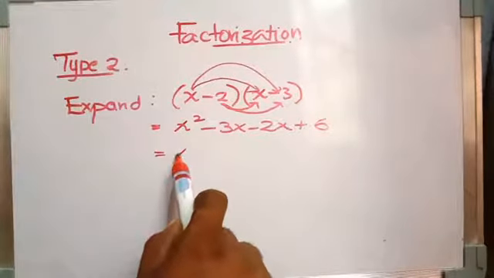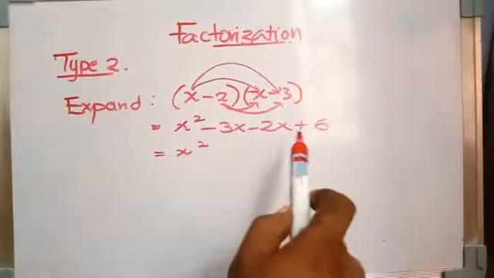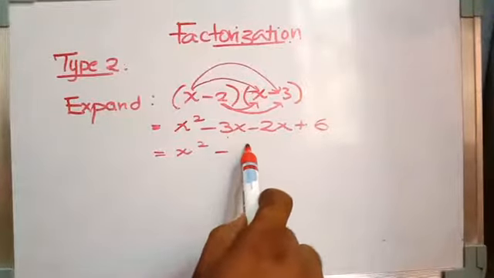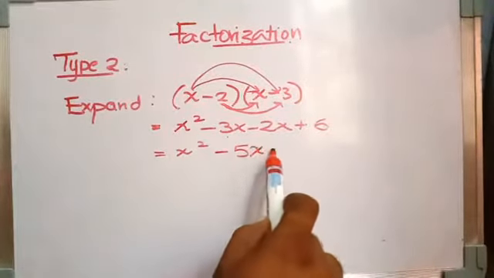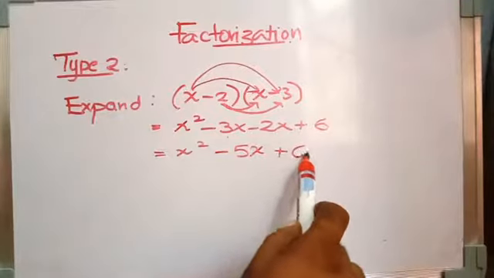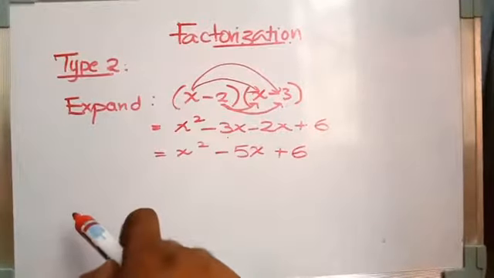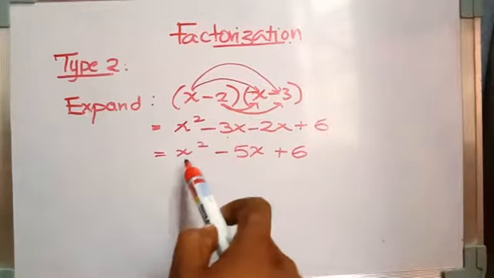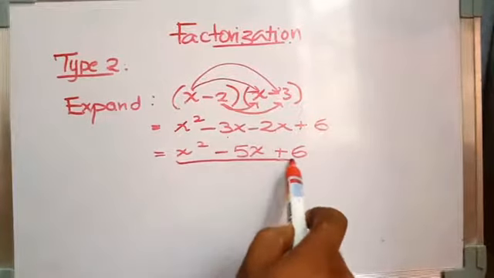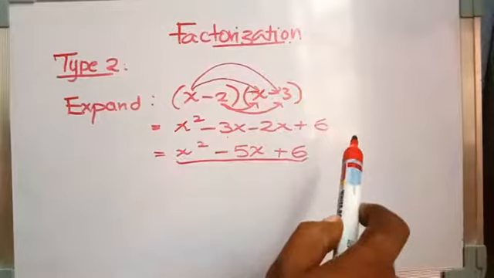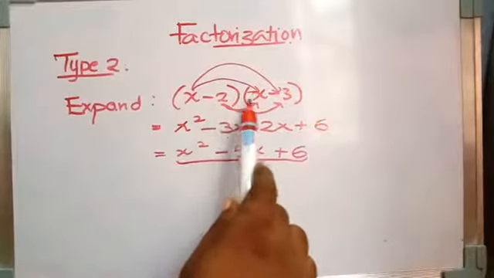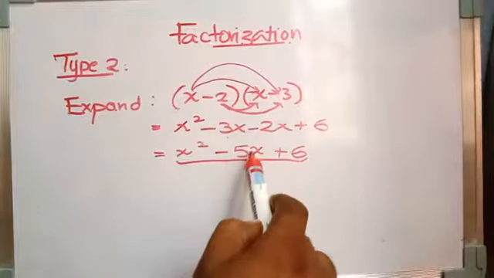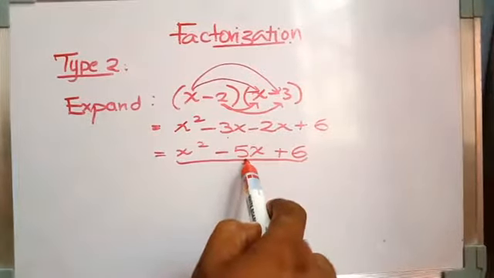We get it as x squared, so minus 3x minus 2x is minus 5x plus 6. So after expansion we got a quadratic expression. So two binomials multiplied to get the quadratic expression.